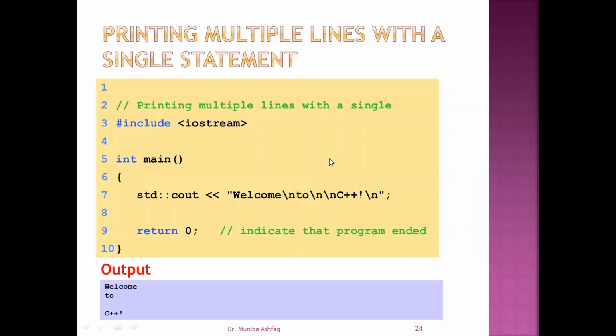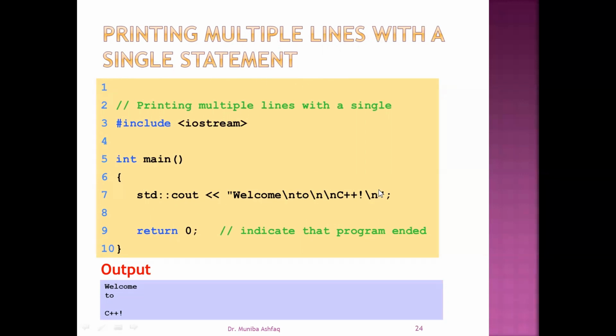In this example, you can see that we have written welcome \n to \n C++. This is an example related to printing multiple lines with a single statement.